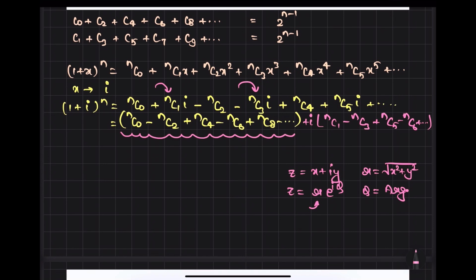So can I write this thing as the distance r as root 2, e power iota pi by 4, power n. Okay, now nC0, the next component is negative nC2, nC4, nC6 dot dot dot.